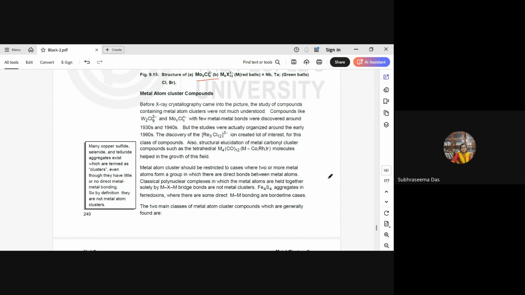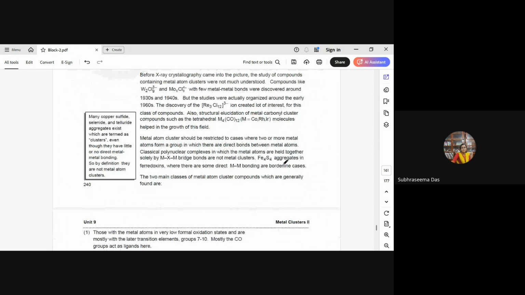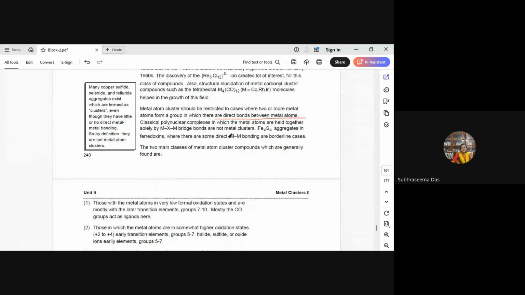Metal atom clusters should be restricted to cases where two or more metals form a group in which there are direct bonds between the metal atoms. The classical polynuclear complexes in which the metal atoms are held together by M-X-M bridges are not metal clusters. Fe4S4 aggregates in ferredoxins, where there is direct bonding, are borderline cases.